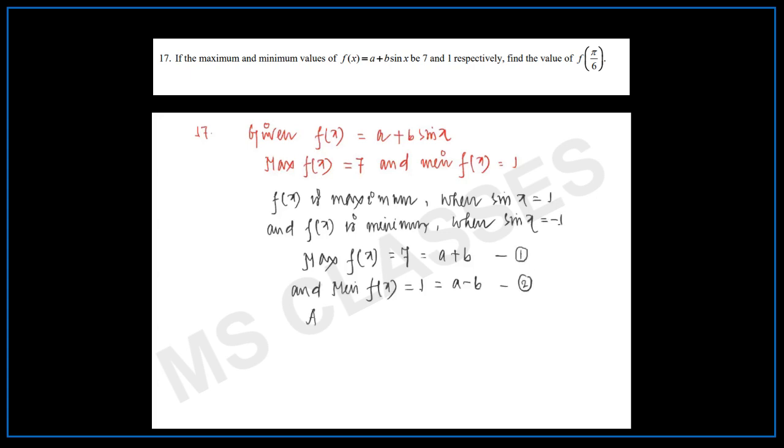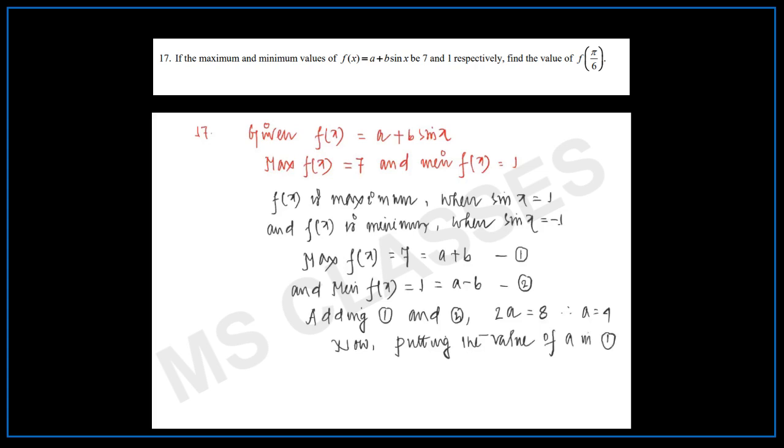Now adding equation 1 and 2. So 2a equal to 8. Therefore a equal to 4. Now putting the value of a in 1, we get b equal to 3.